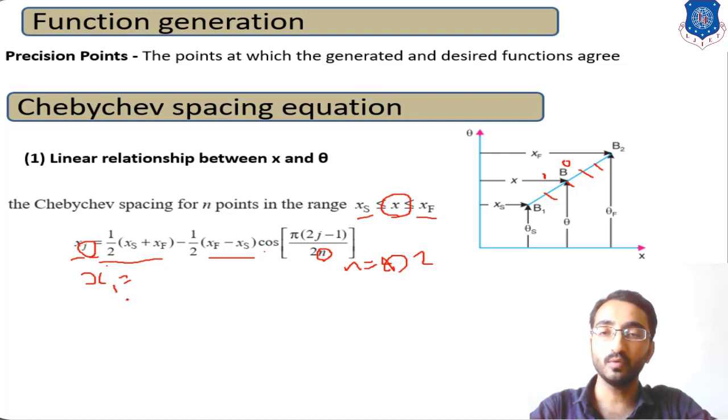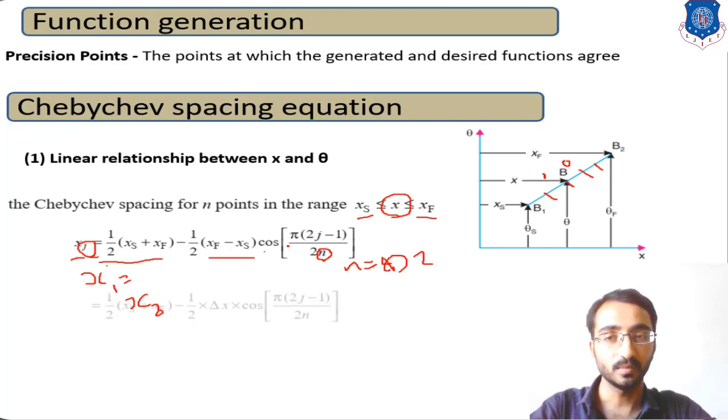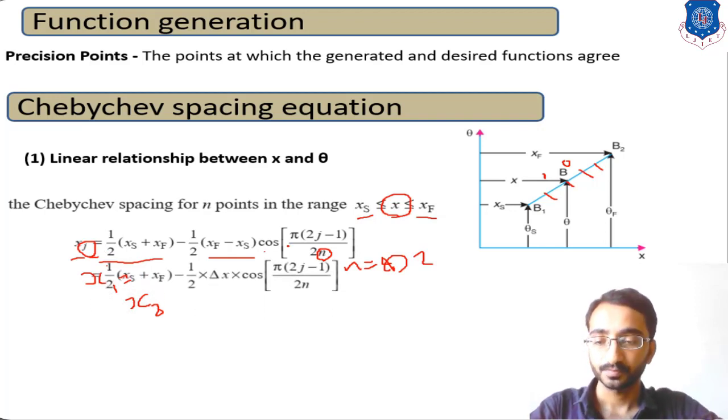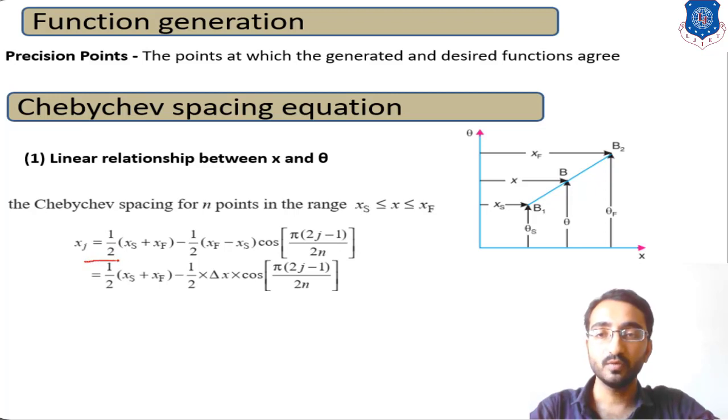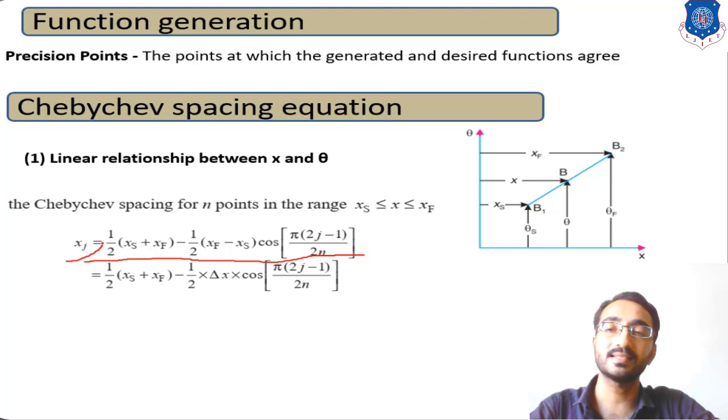If you want to calculate x2, you put j is equal to 2, and that will give you the value. In this way, if you want to calculate the distances xj for any mechanism, this basic equation will help you design it.